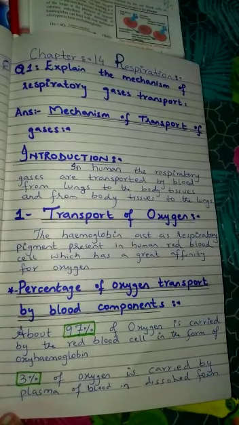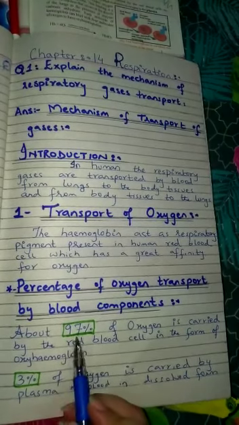As I have told you, in the structure of hemoglobin we have four places where the oxygen binds. So the hemoglobin will bind with oxygen. The ability of hemoglobin to bind with oxygen is called the oxygen carrying capacity of the blood.